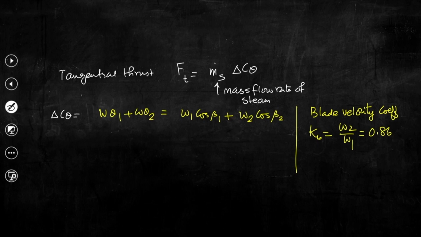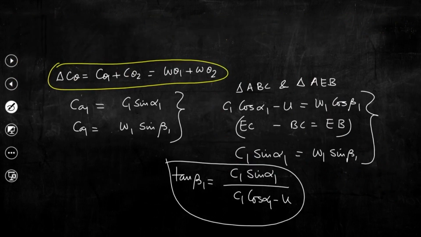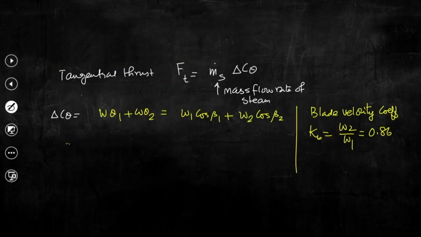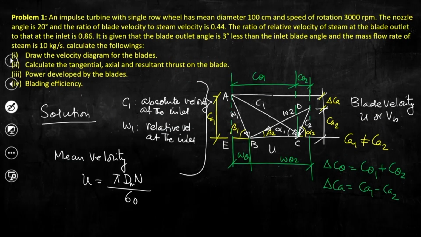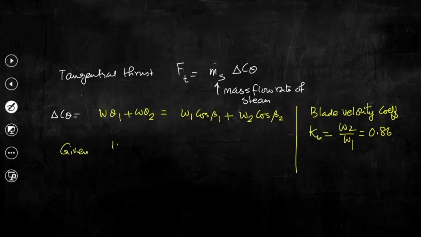Now, it is also given that the ratio of blade velocity to steam velocity is 0.44. So, blade velocity u divided by C1 is 0.44.